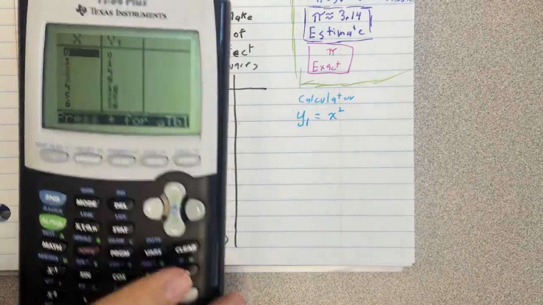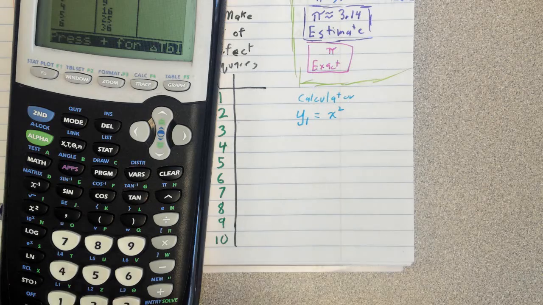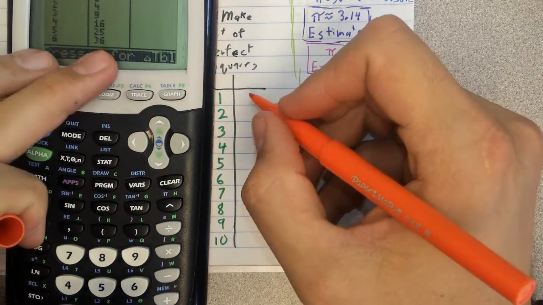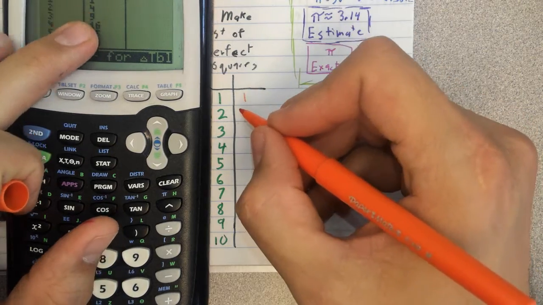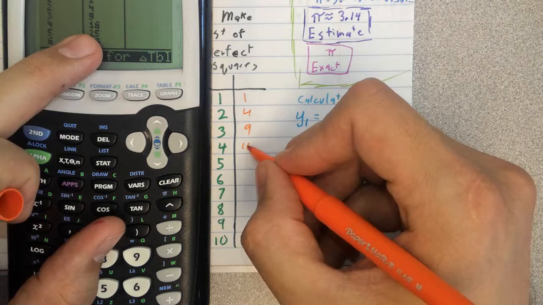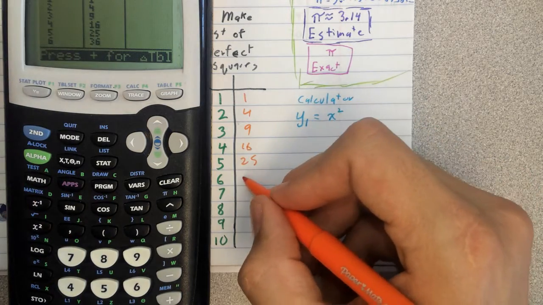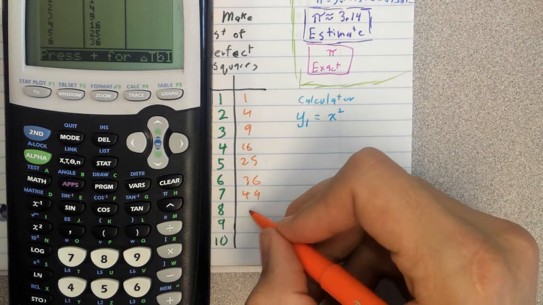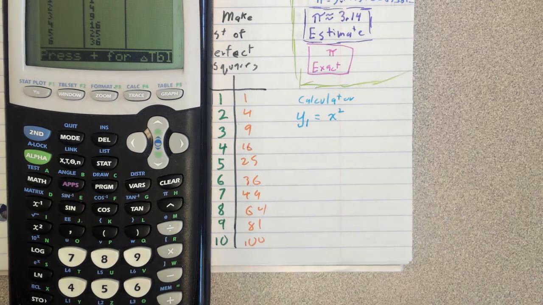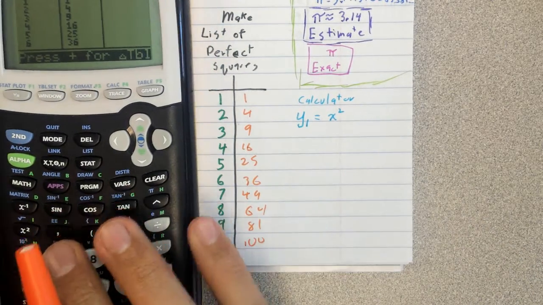So I'm going to fill in my perfect squares on this table. For 1, I have 1, 2 squared is 4, 3 squared is 9, 4 squared is 16, 5 squared is 25, 36, 49, 64, 81, and 100. Those are my perfect squares.